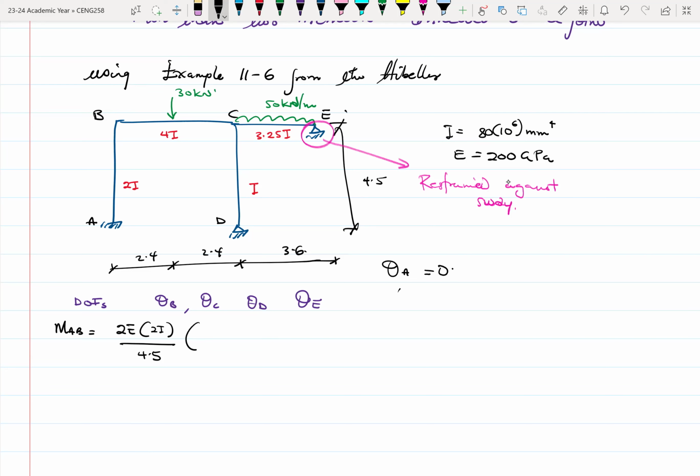And then delta, or psi, is 0 for all cases because there's no settlement and no sway. So this would reduce to theta B. What I should have done first was to have found the fixed end moment. So let me just do that.